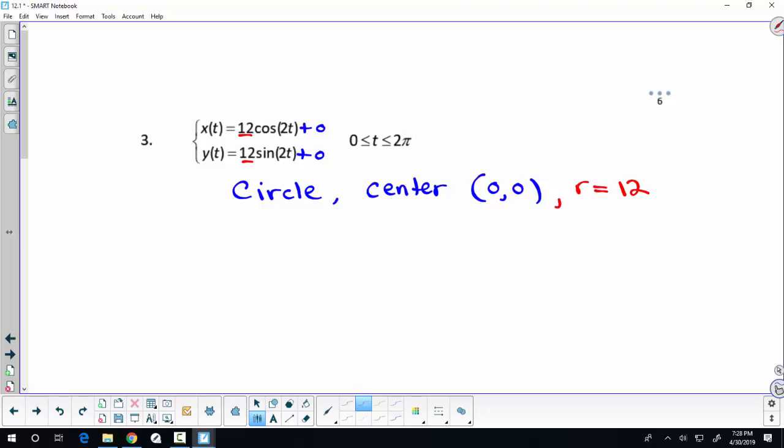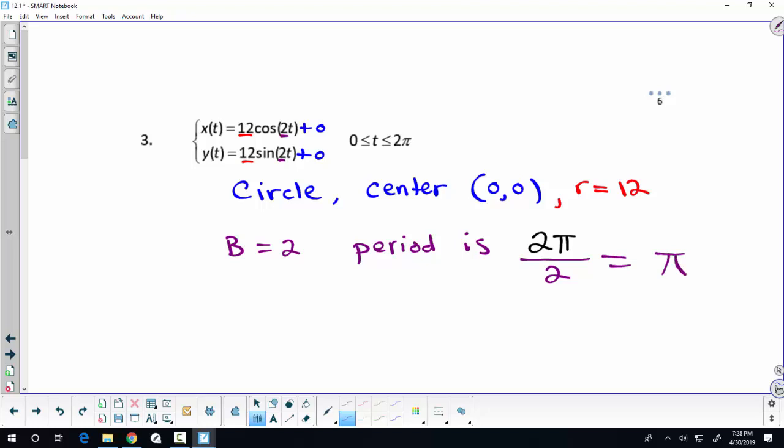I guess we want to know how much of the circle we get here. Remember this b right here is affecting the period. Sine and cosine's period is 2 pi, and remember the period is 2 pi over the absolute value of b.